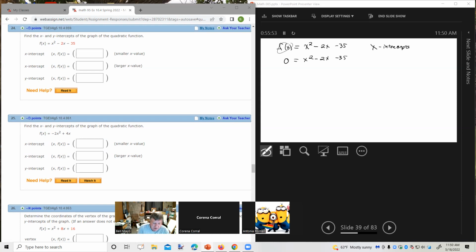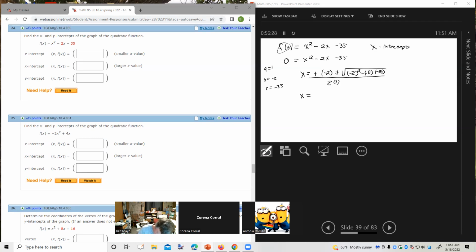Now, to solve this, there's a couple of different ways we could do it, okay? We could factor it, or we could use the quadratic formula. I'm going to use the quadratic formula just to review how that works. So A is 1, B is -2, and C is -35. X equals -b plus or minus the square root of b squared minus 4ac all over 2a.